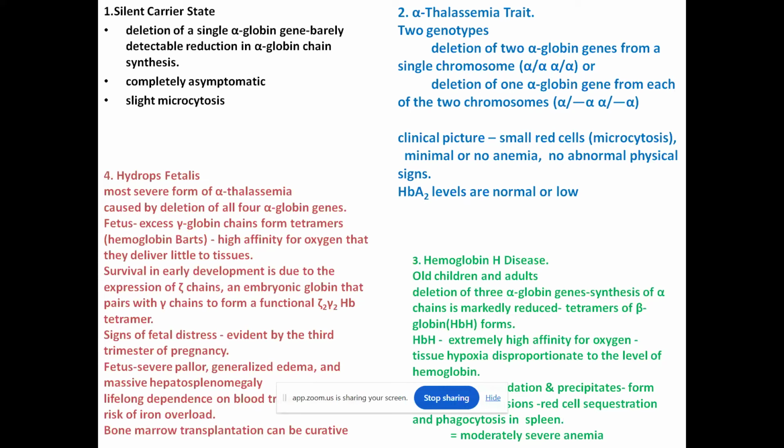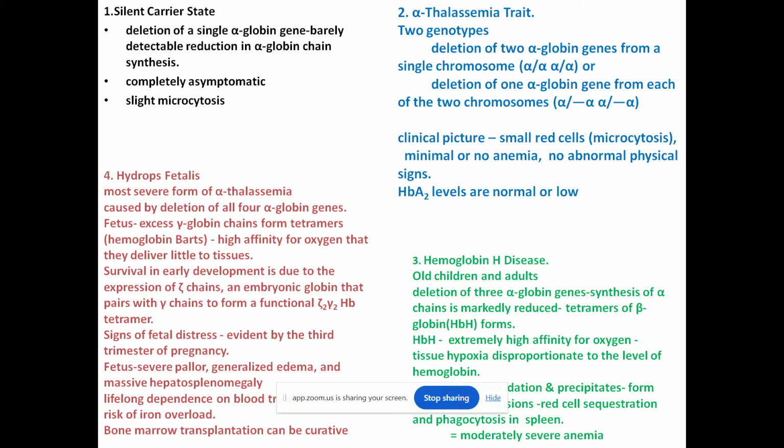Third one is hemoglobin H disease. In older children and adults, when three globin genes are deleted, it produces HbH. The anemia will be moderately severe. And the fourth one is when all four alpha genes are deleted, which is the most severe form. Usually the fetus itself will manifest the symptoms.